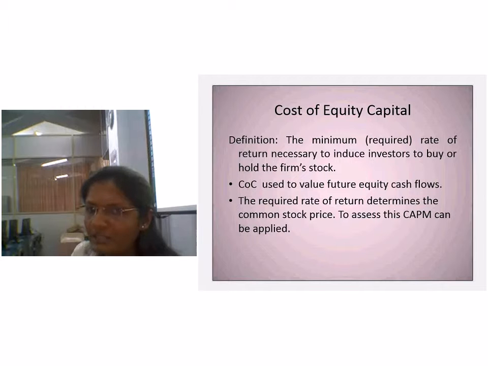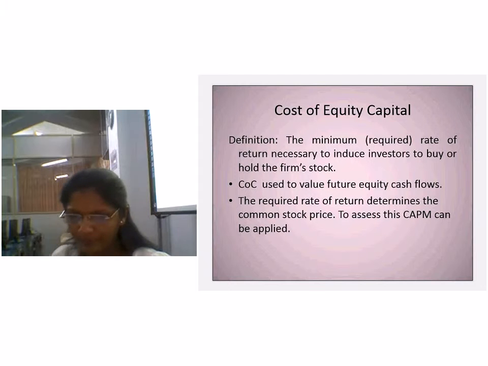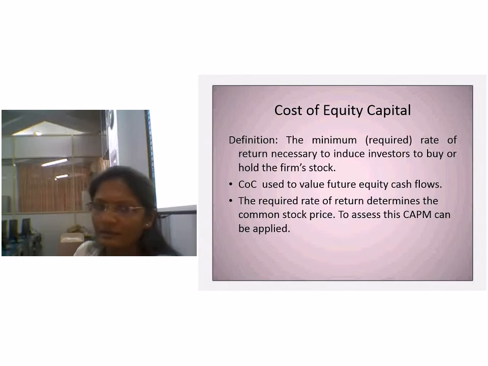So the definition: the minimum required rate of return necessary to induce investors to buy or hold the firm's stock, right? That is the minimum amount that we have to pay the investor in order to hold our stock, right?